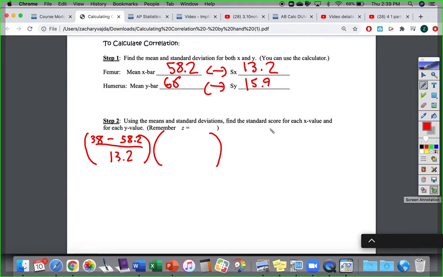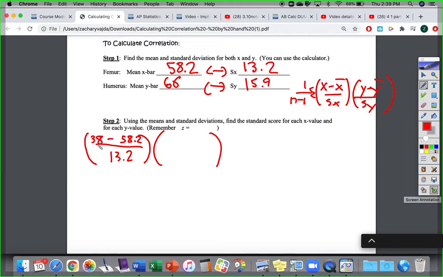Then it says the formula. Now the formula said 1 over n minus 1 times x minus x bar over sx times y minus y bar over sy, and sum of all of those up.